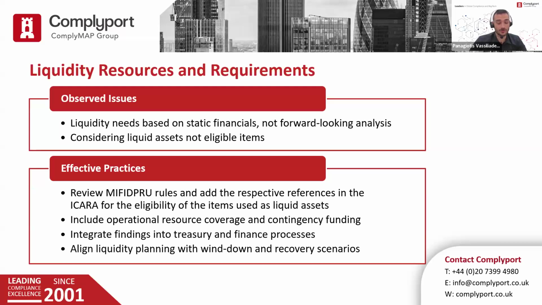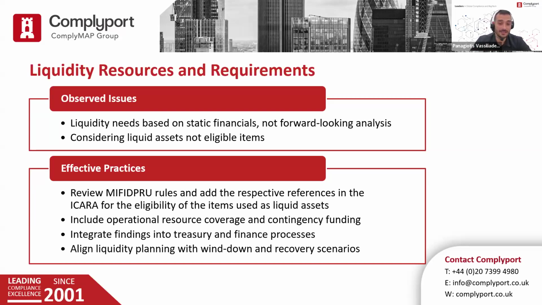Third, to be able to do all this, you need to have efficient forecasting in place. Again, a 12-month forecast horizon is adequate. So to perform this exercise, you need to break it down either quarterly or monthly, including operational resource coverage, such as salaries, rent, tech subscriptions, and of course, contingency funding that you may have in place.